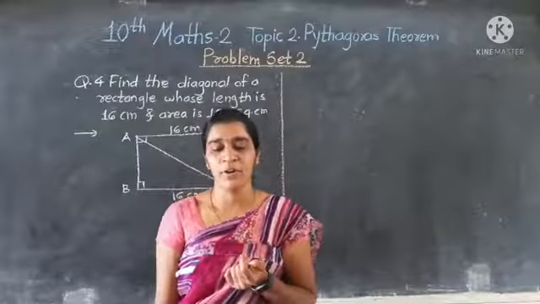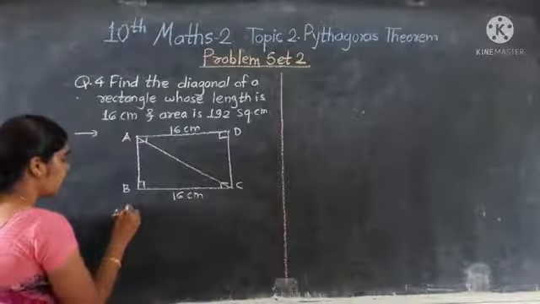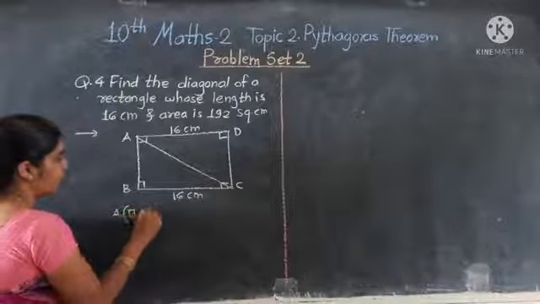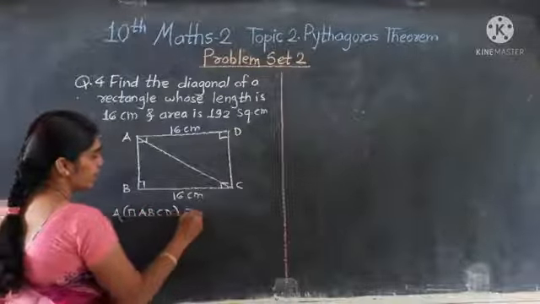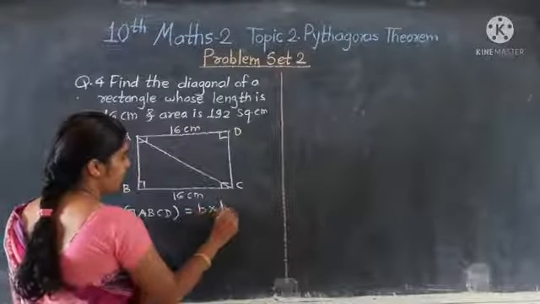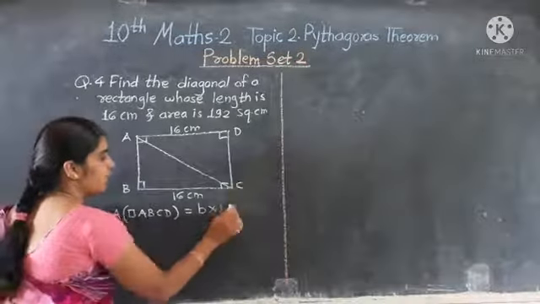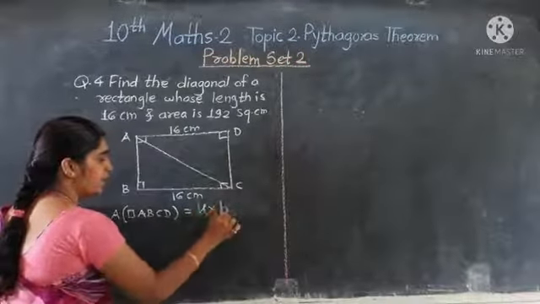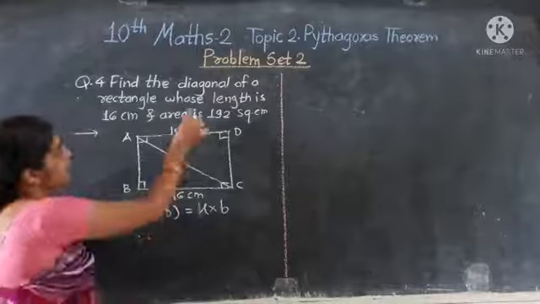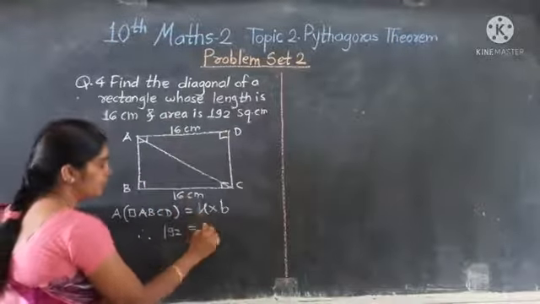What is the formula for area of rectangle? Area of rectangle ABCD is equal to length into breadth. Area is given, 192 is equal to length, which is given 16, into breadth.